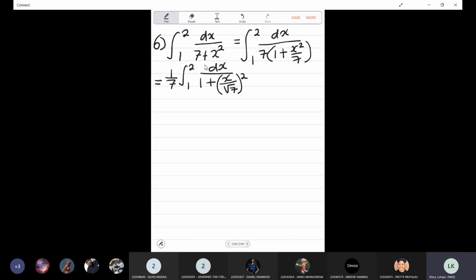Okay, so the only thing left is our numerator over here must be the derivative of whatever it is we're squaring there. So the derivative is 1 over square root of 7.